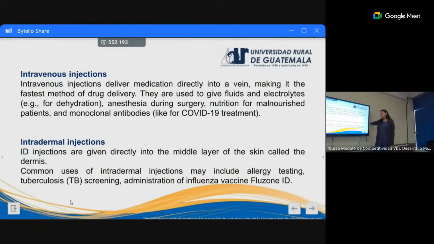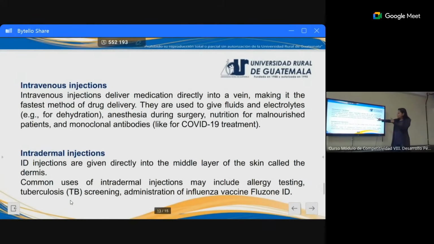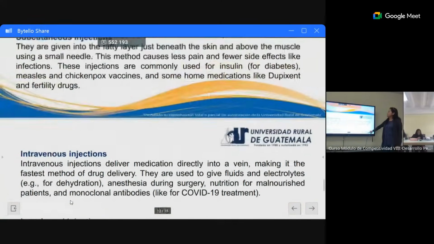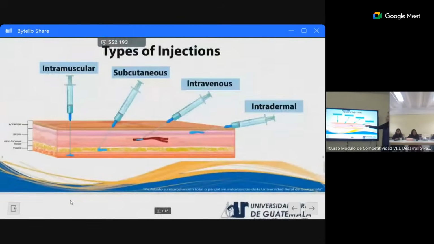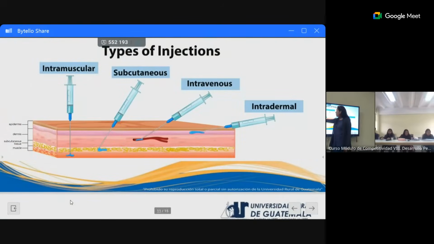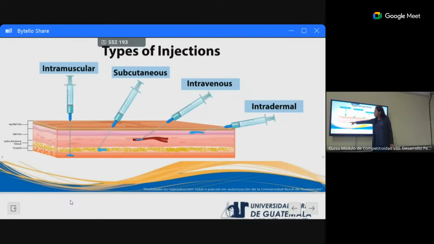So let's go back: the dermis is like the first layer. So we have the first layer, then the subcutaneous, and then the muscle.